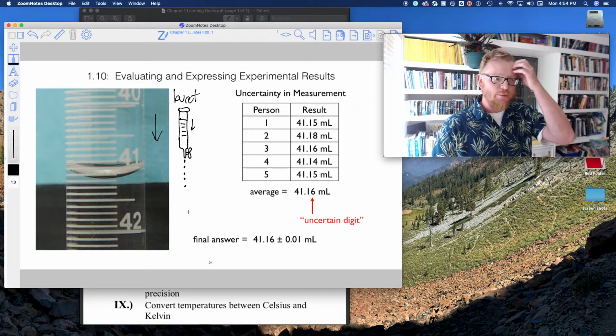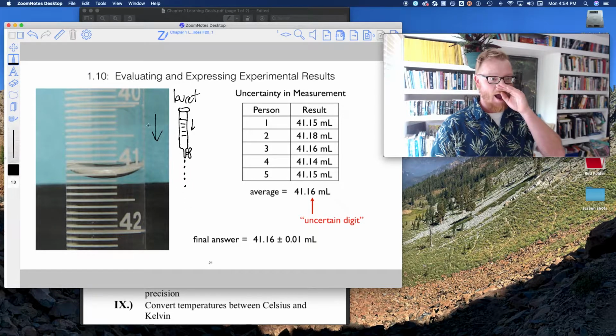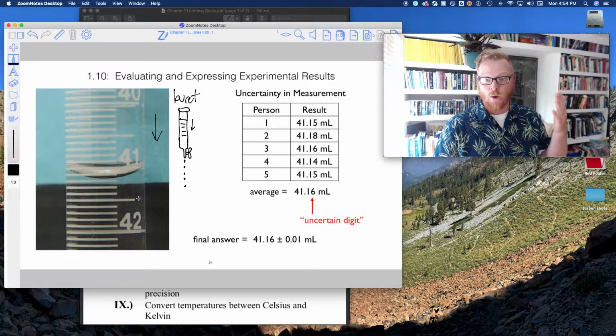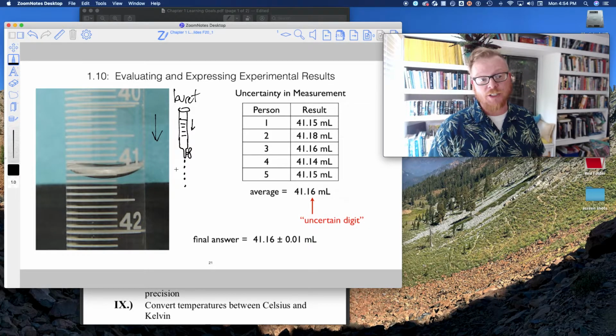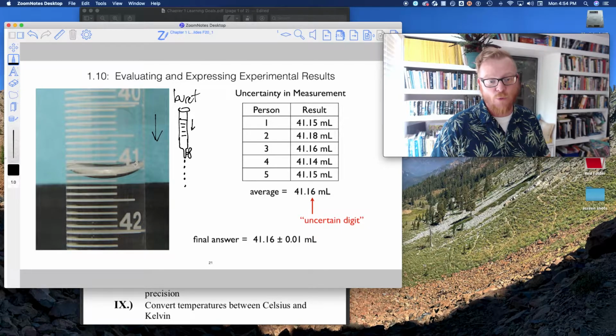So the first thing that's important to note is counting the graduations and what each value is worth. So here, this big line is the 40, and then here this big line is the 41. So if we count them, 1, 2, 3, 4, 5, 6, 7, 8, 9, 10, there's 10 graduations between the 40 and the 41.